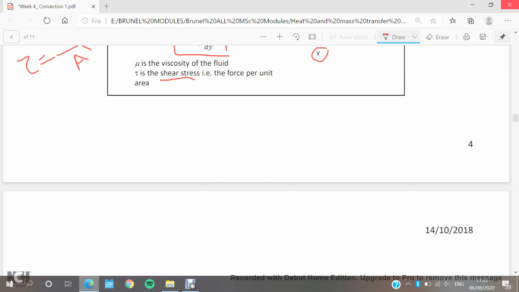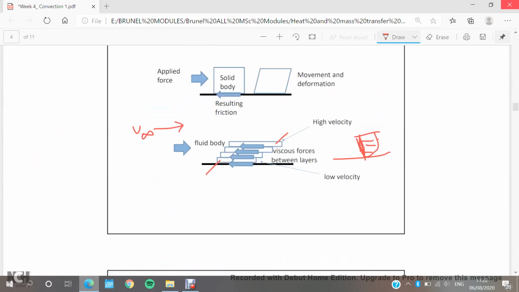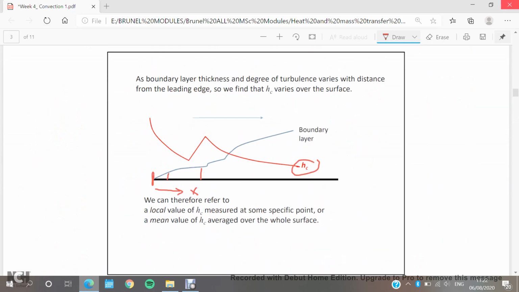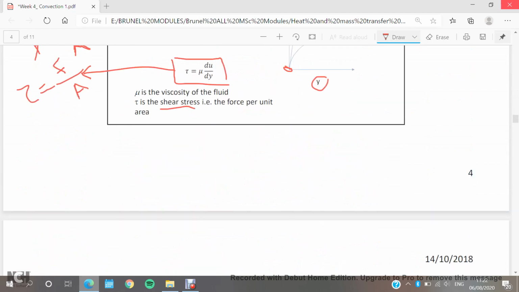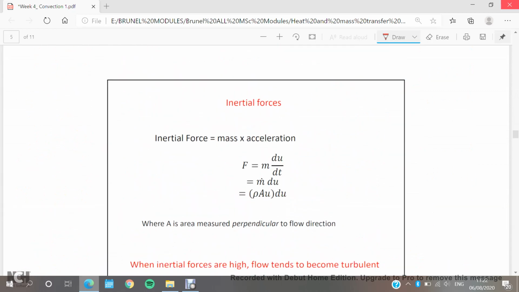So the first force acting on a fluid moving over a horizontal surface is the viscous force. The second force is called the inertia force, and the inertia force is based on the velocity of the free stream. In general, force is equal to mass times acceleration, which is du by dt, because any acceleration is the change in velocity with respect to time, correct?